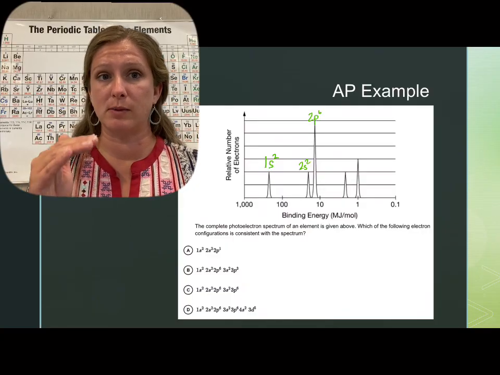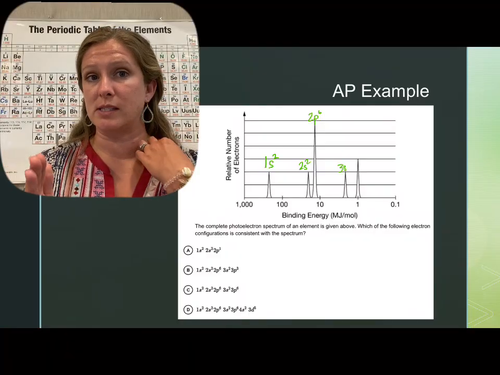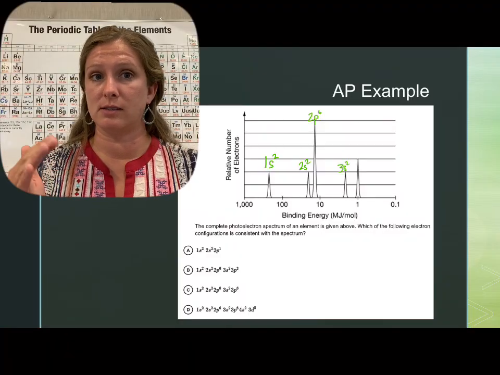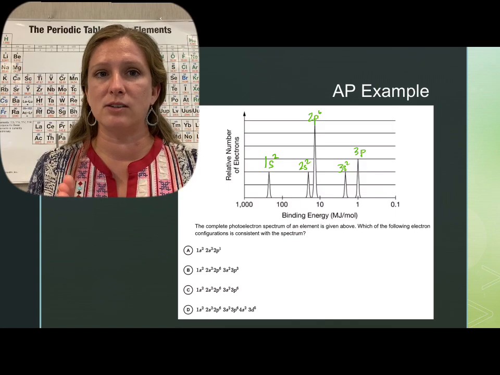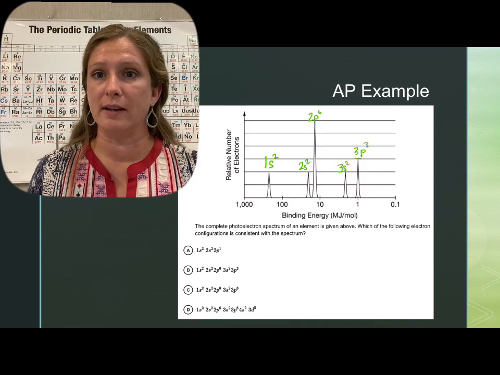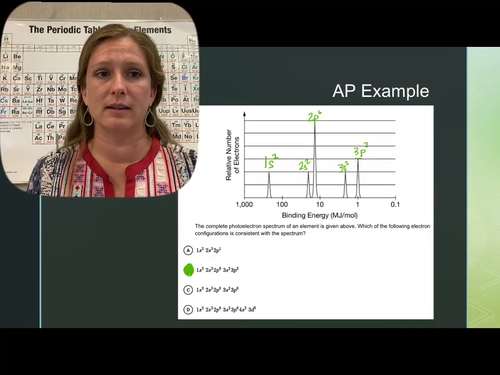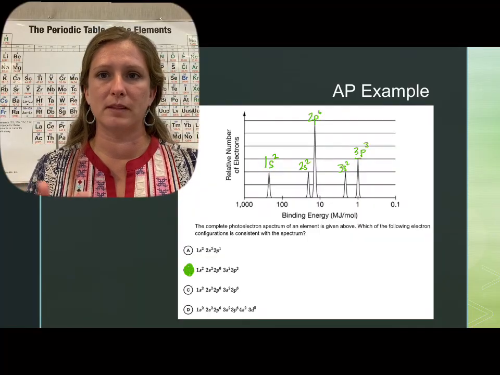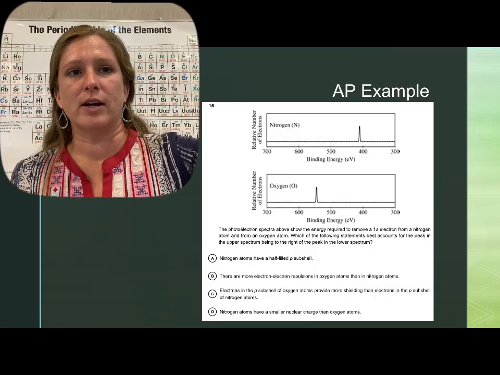We know that because we can count 2 and 6. Then we go to the third grouping, and the first thing that comes is s, and this is 3s2. And then we have a 3p, and it's only filled to the third line. And this corresponds with choice B on the multiple choice here. So B is the correct answer.